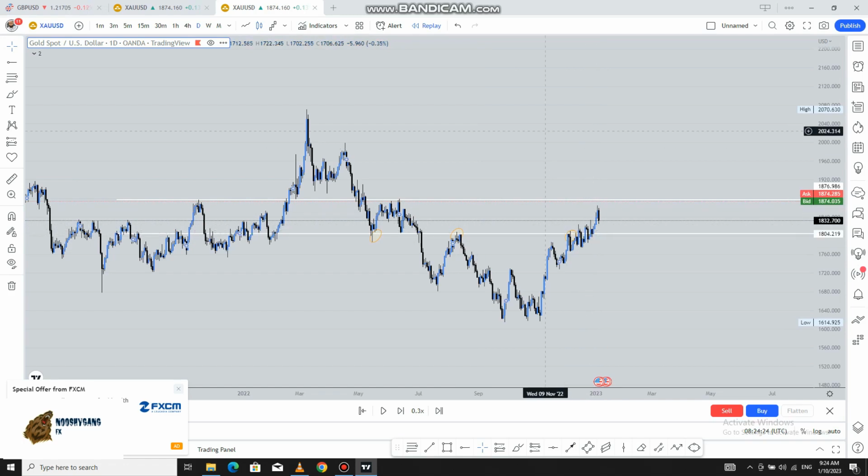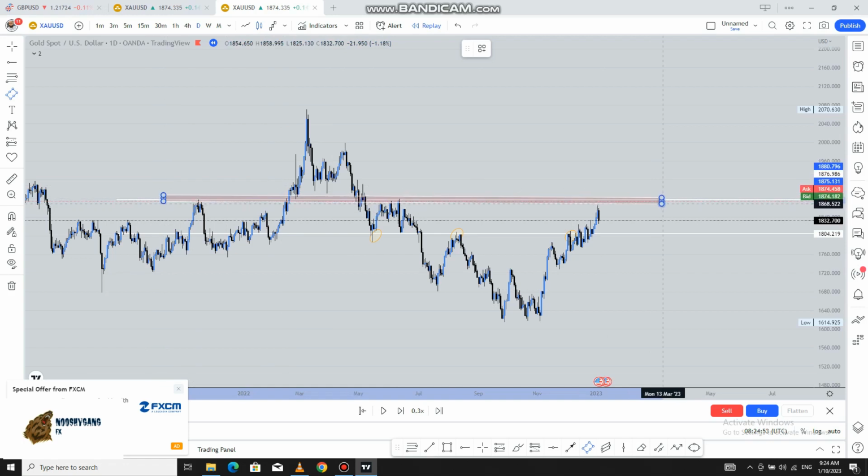If you go to the lower time frame, you will see that yes, we retested this level and we're pushing to the next level. Remember, market moves from zone to zone. So I knew we were coming back to this supply level over here.